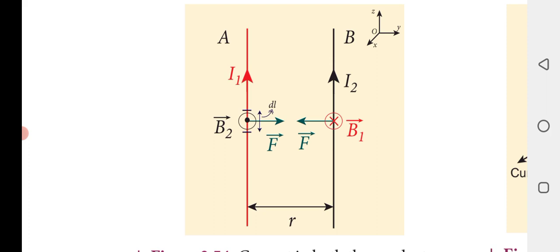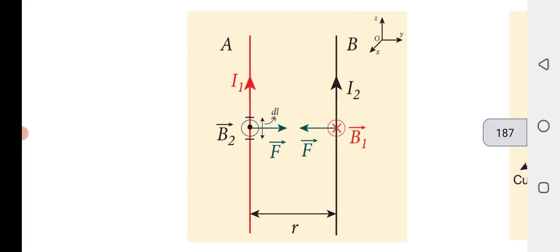The red cross denotes the arrow into the page, along the negative direction. These are the important terms and parameters we use.